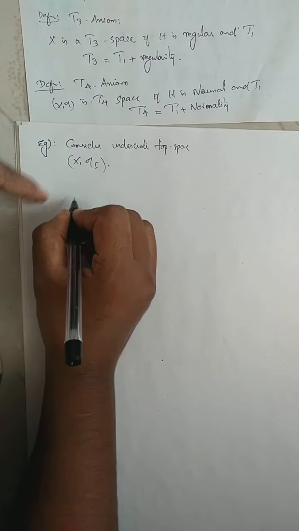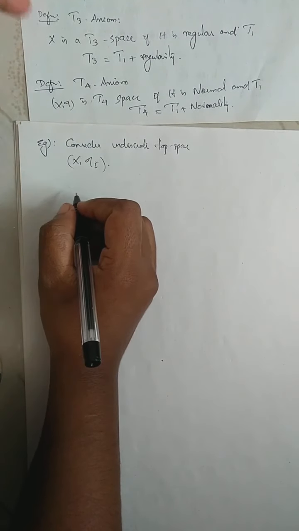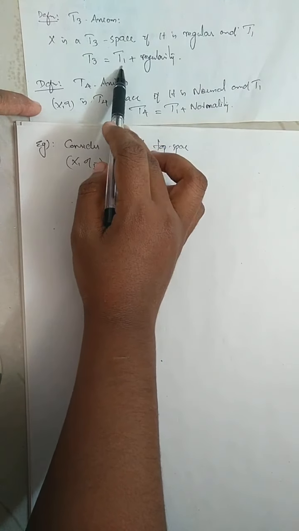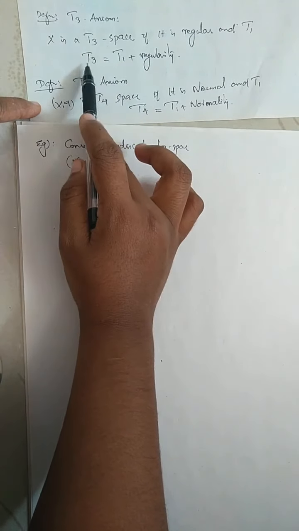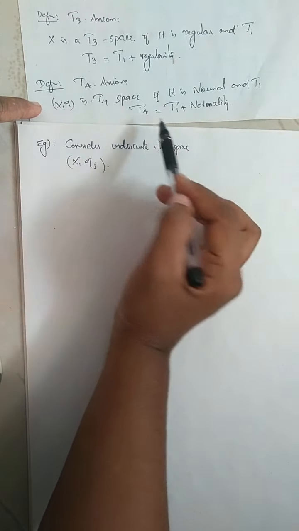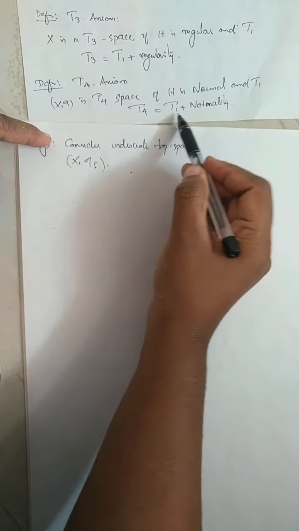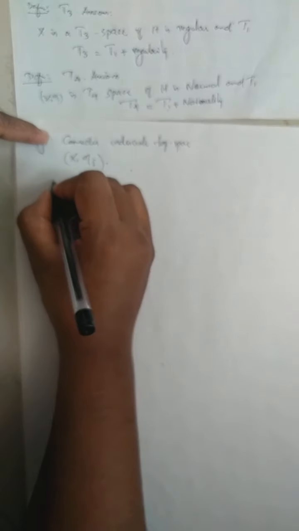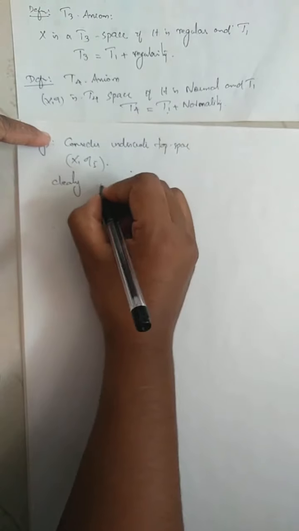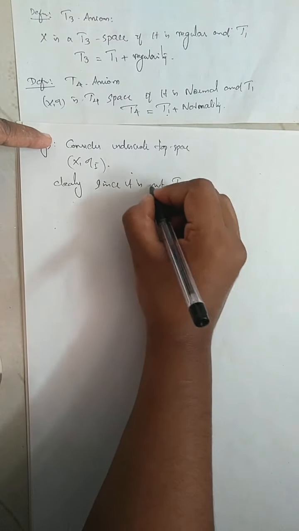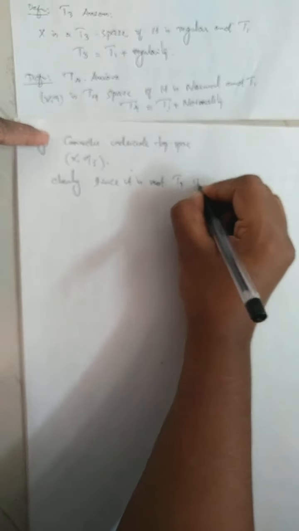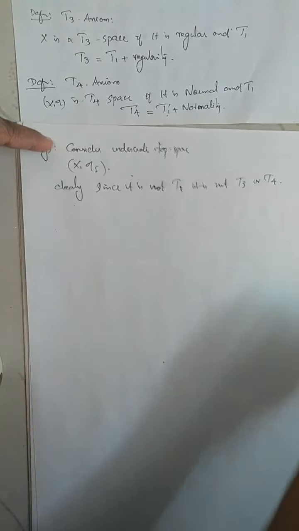Since it cannot be T1, it can't be T3 or T4. Because T3 means it must be T1 and regular. Even though it is regular, we can't say it is T3 because it is not T1. We know it is not T1, right? And since it is not T1, it can't be T4. Clearly, since it is not T1, it is not T3 or T4, right?